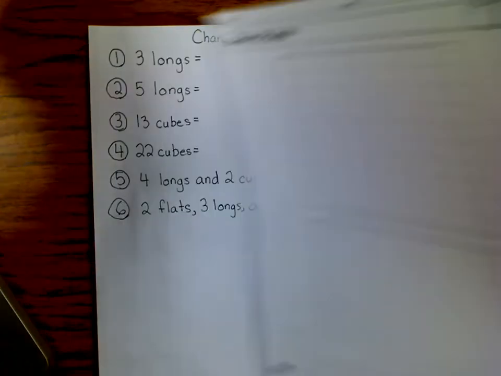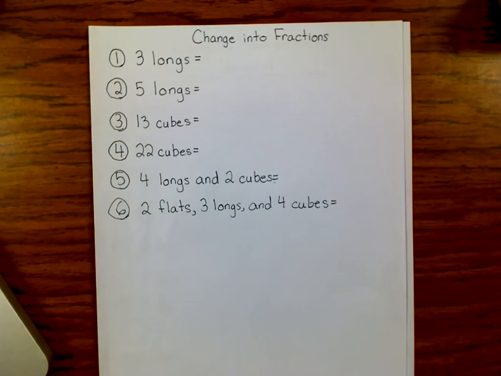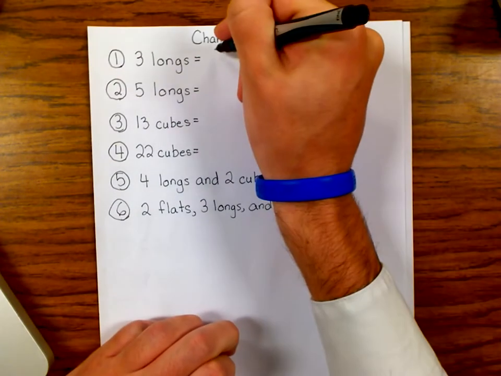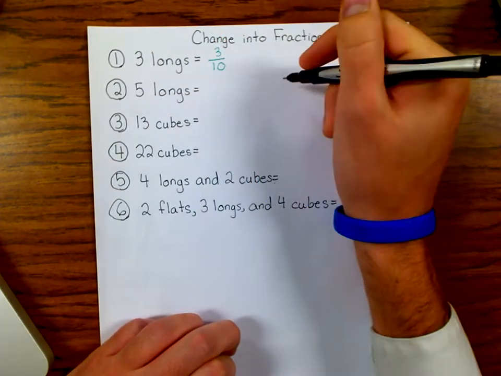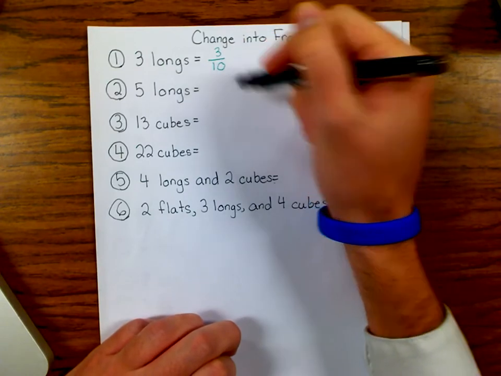In other words, 3 longs is equal to 3 over 10. And we read that as 3/10.